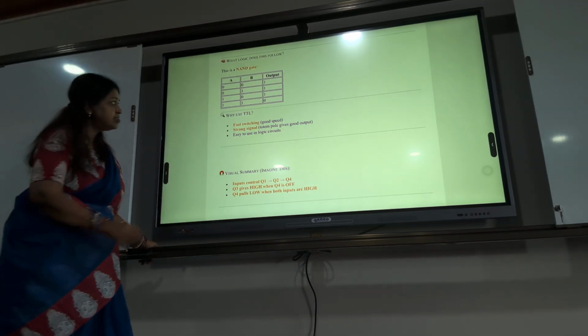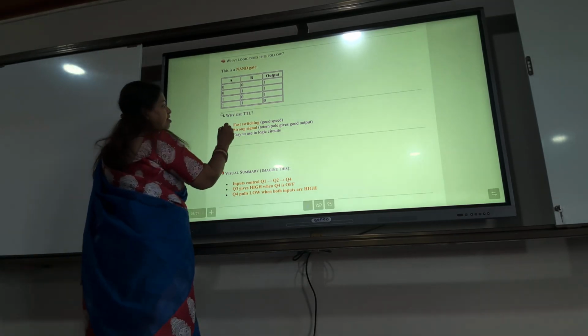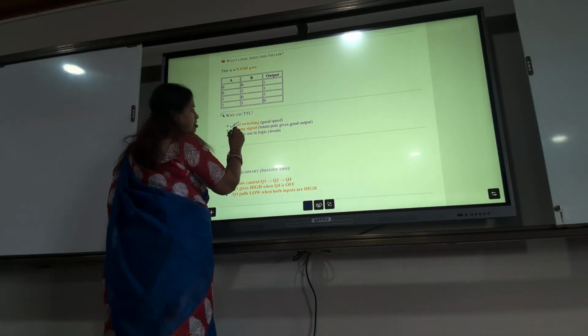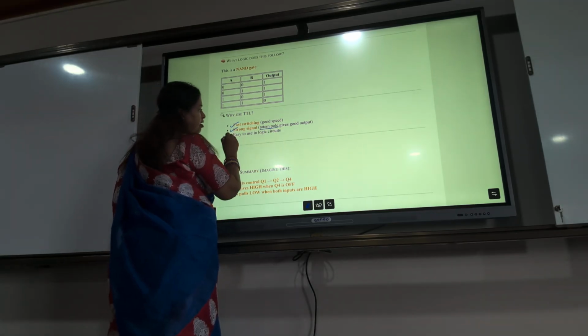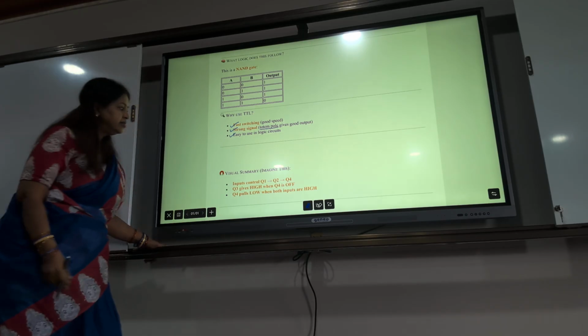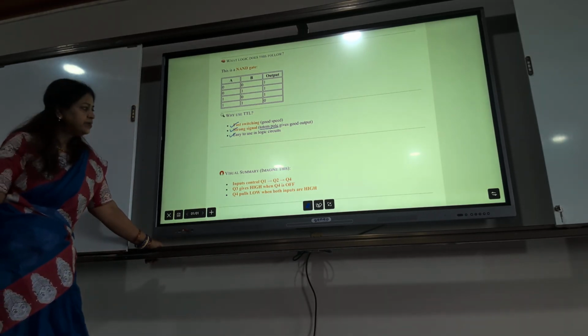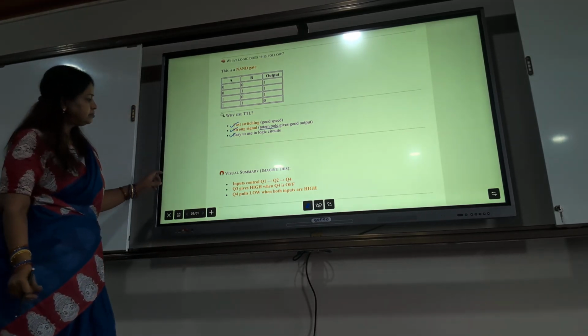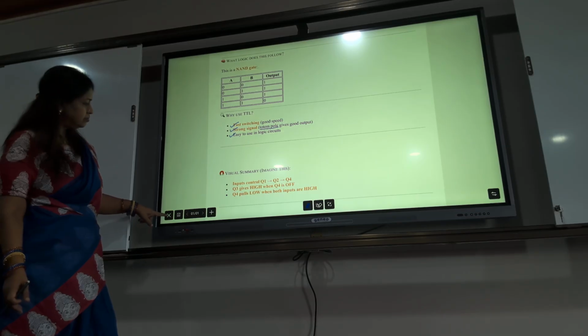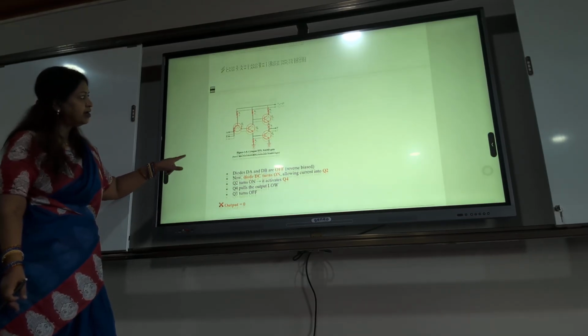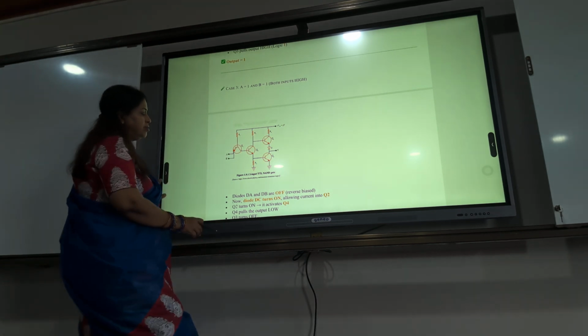Why PTL? PTL is fast switching, gives a strong signal because of its monopole nature, and is easy to use in logic circuits. So these 4 transistors, you have to remember how it works.